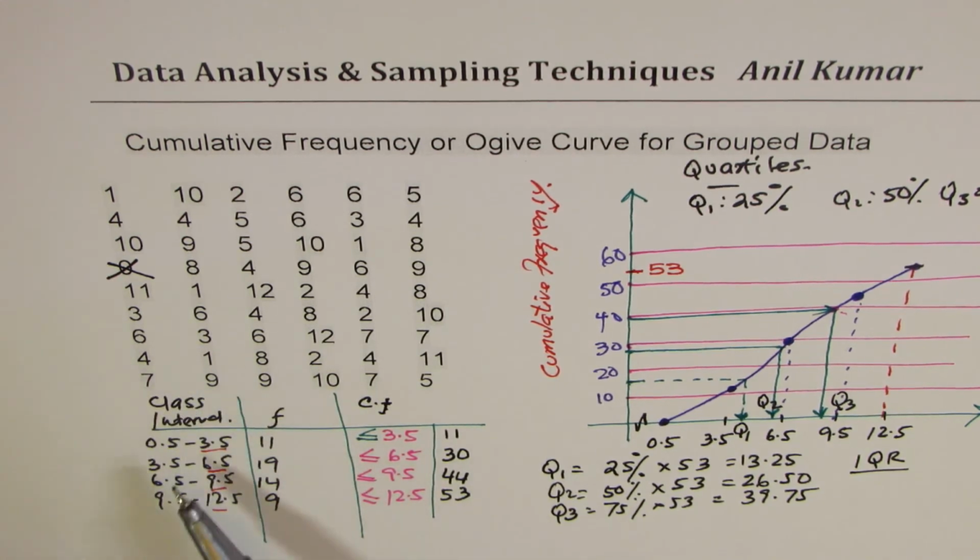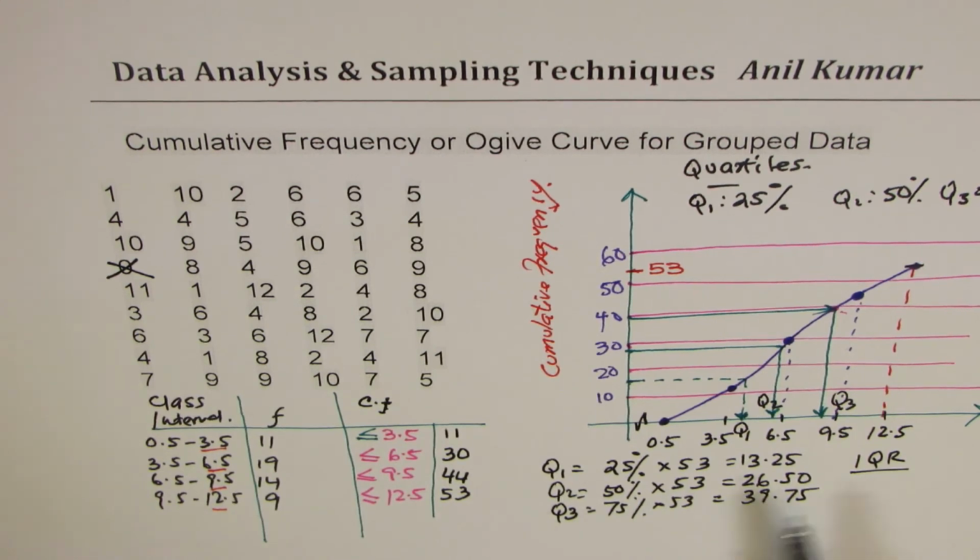To make it continuous, for each point, we went to one decimal place. So 0.5 to 3.5, and then an interval of 3 gave us the required classes. Under each class, we found the frequency, cumulative frequency, and then sketched the cumulative frequency curve. Now this cumulative frequency curve can be utilized to find quartiles and for further analysis of the data.